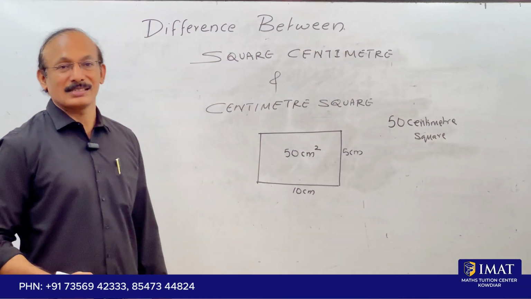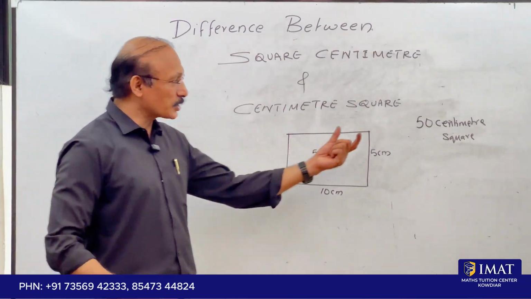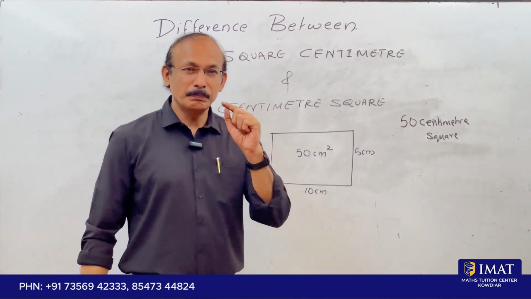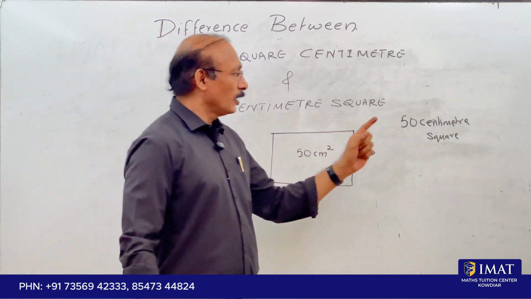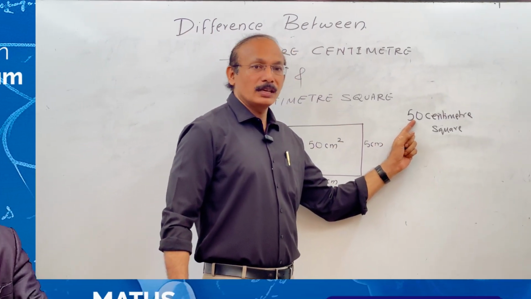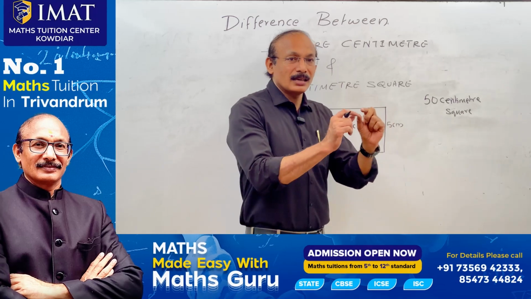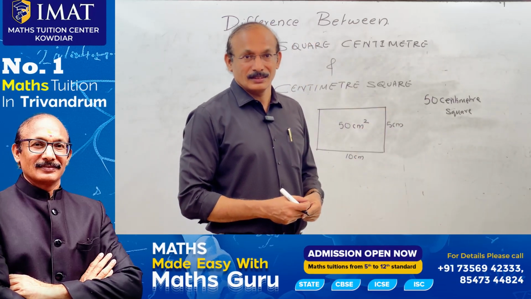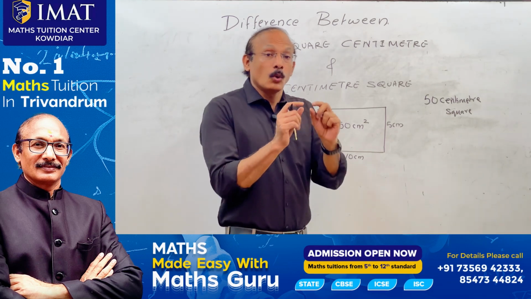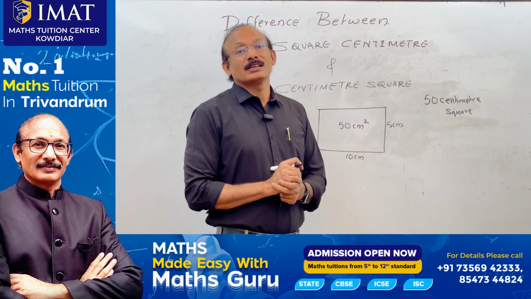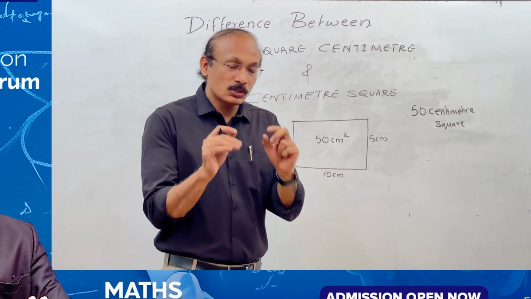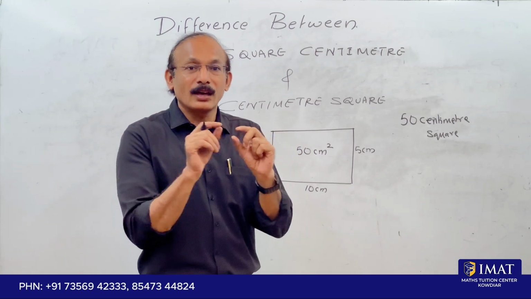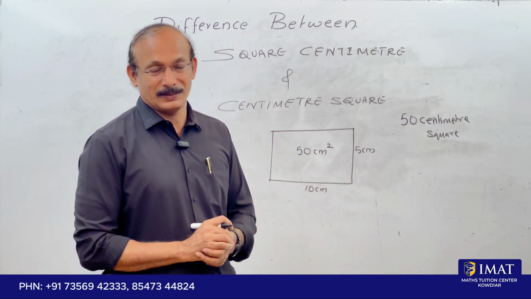The simple meaning is, 50 centimeter is the length of a square which you are talking about. Means you are taking a square whose length is 50 centimeter. So you are not saying the area. You are only saying that you are taking a square of length 50 centimeter.